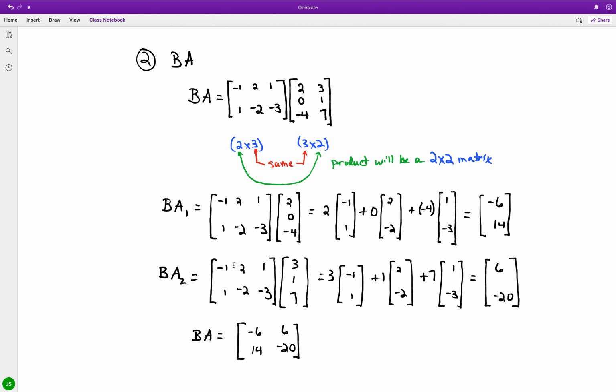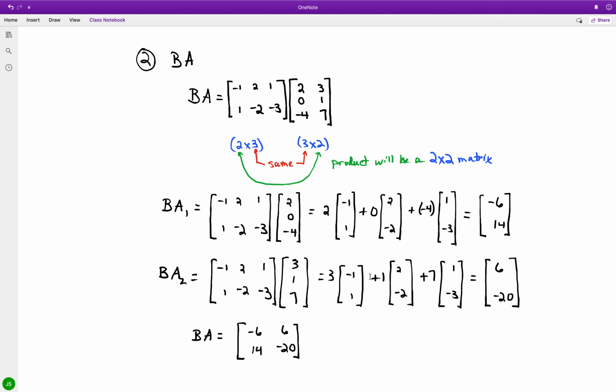And we have the second and last column from matrix A to work with, being multiplied by B. So you have 3 over the first column, 1 over the second column, 7 over the last, and just taking the product of the top numbers as well as the bottom numbers.